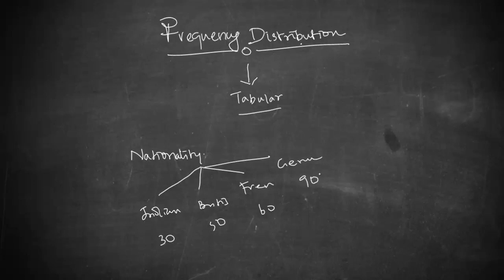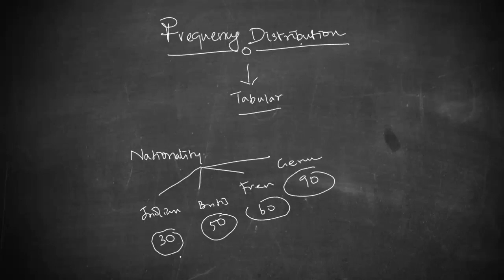So here what you have done is you have identified the frequency of this attribute. So Indian is 30, British is 50, French is 60, German is 90.